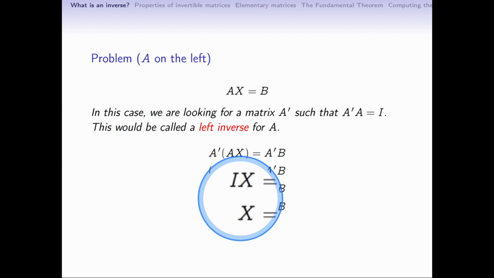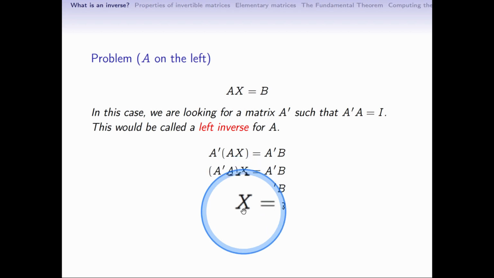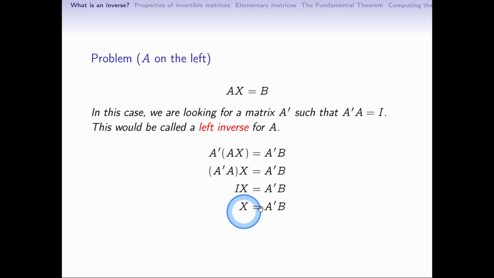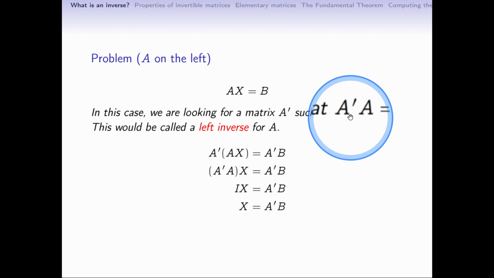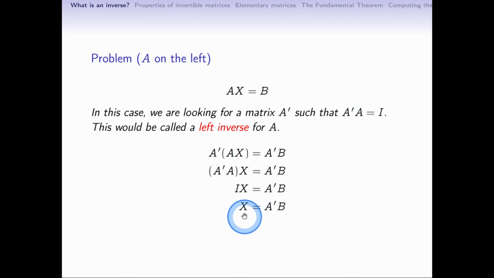And finally, by a property of the identity matrix, this is just X on the left. So if we have such a matrix A prime, we can write our solution as X equals A prime times B. So if we have a left inverse, then we can solve this equation as X equals A prime times B.